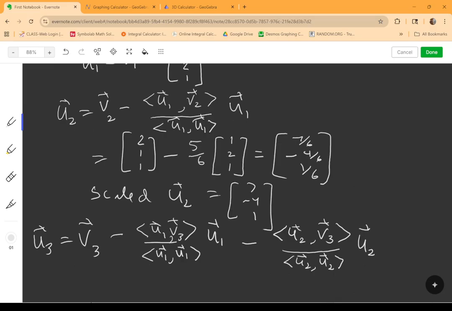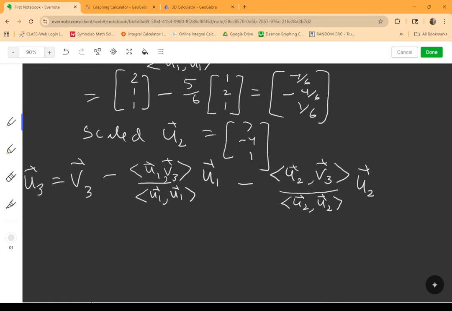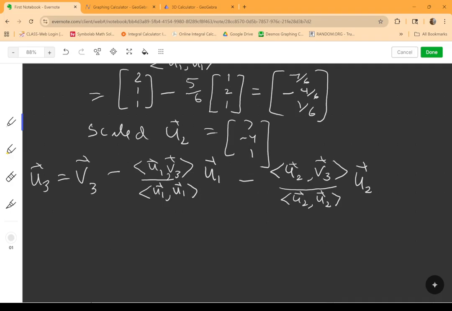That is U2. Okay, so then again, as before, you might want to stop here, go back or do the calculations on your own here to just make sure that you are following along.